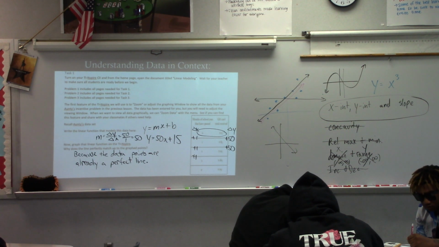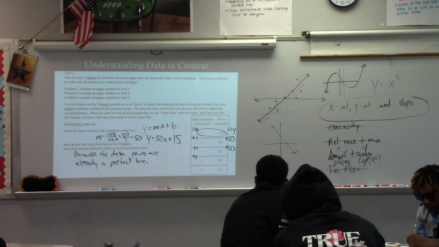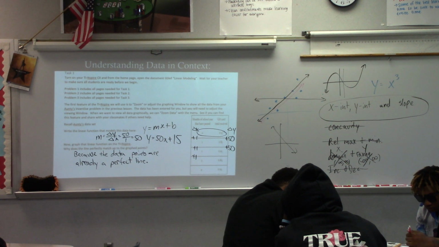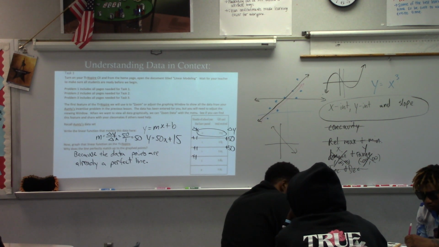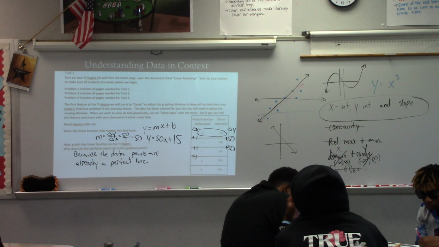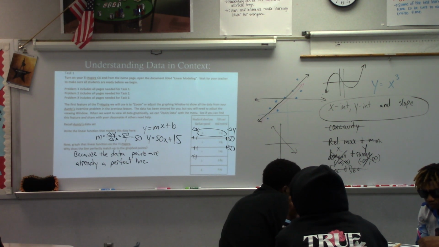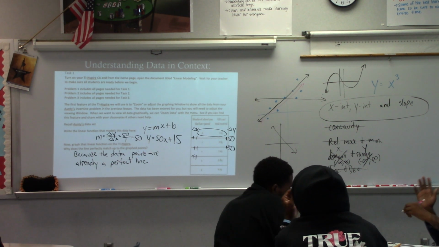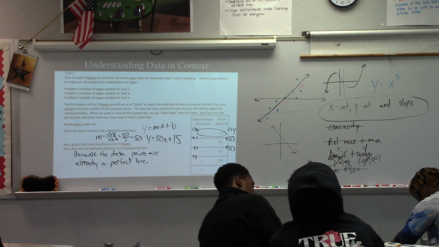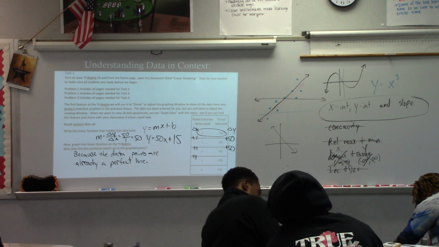But if the data points are not a perfect line, we're never going to be able to get a trend line that perfectly matches up. Okay? So that's important to recognize. Alrighty, we good with that information?